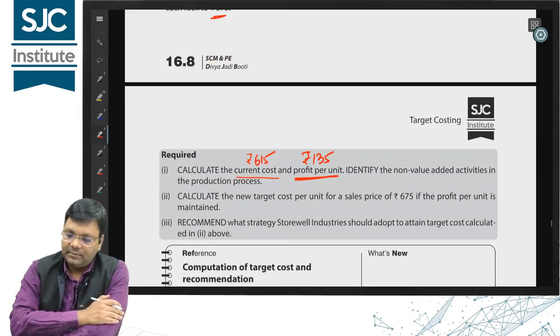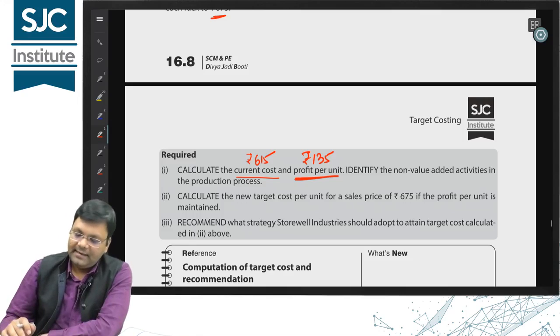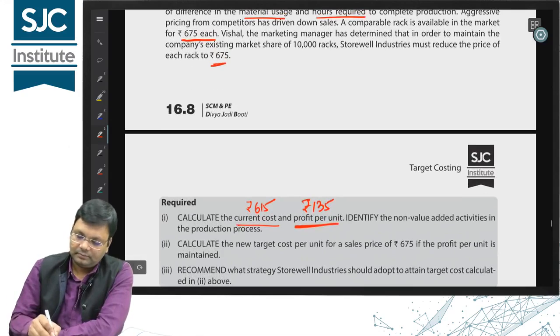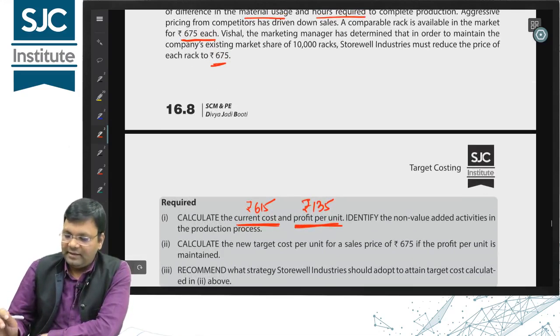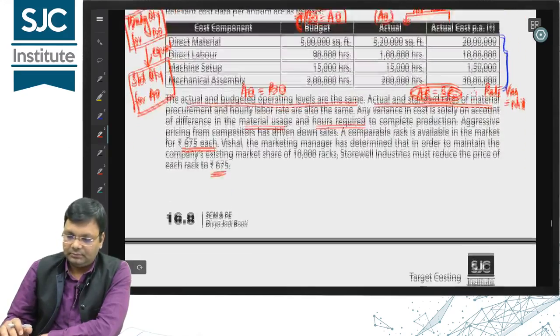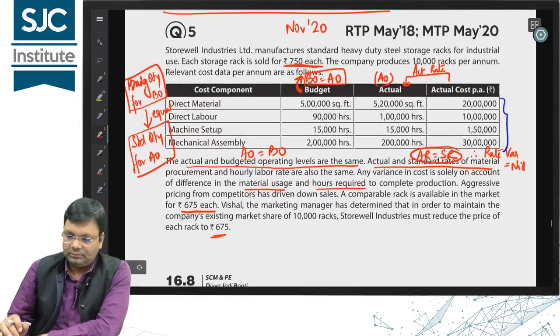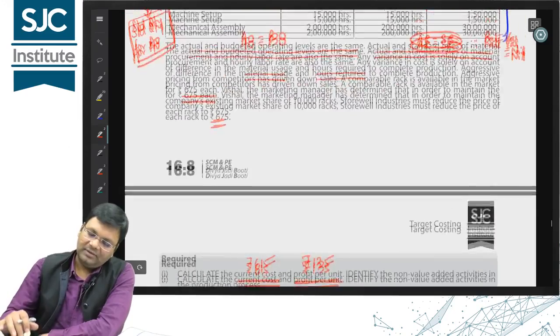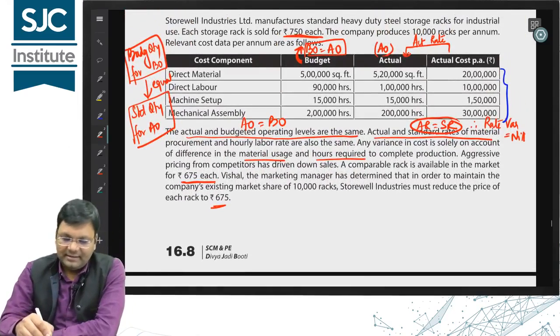Okay. Then there is a question here, identify the non-value added activities in the production process. So here it is asking just to identify the non-value added activities.